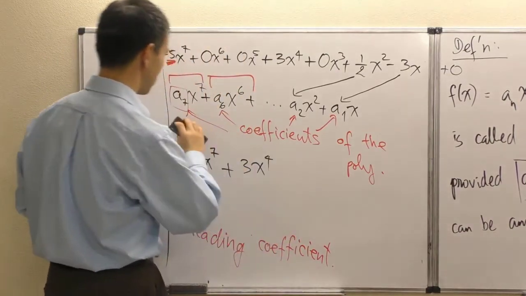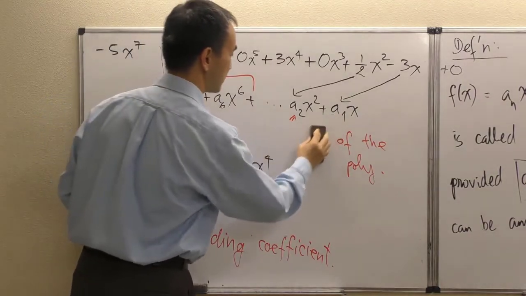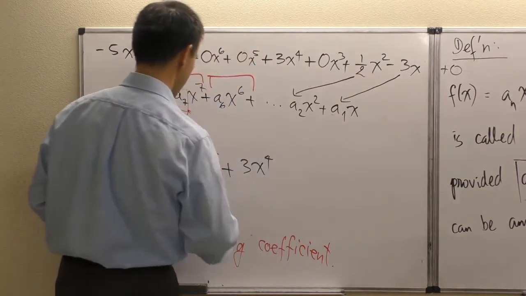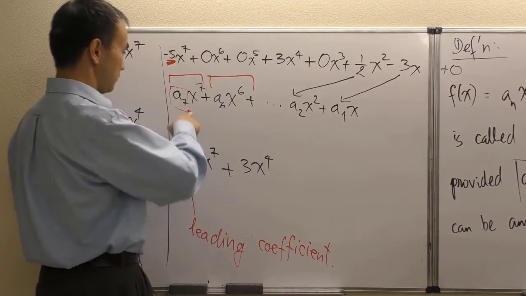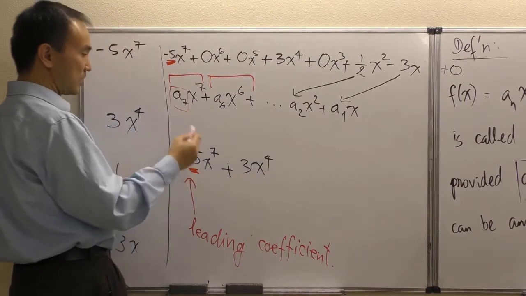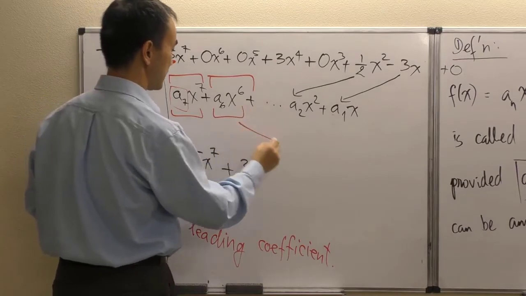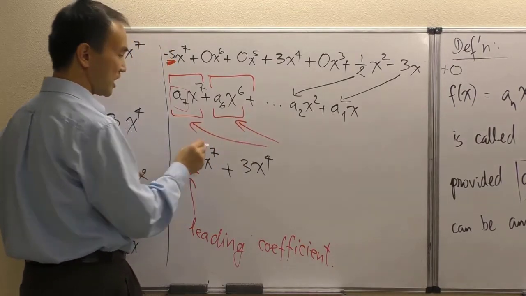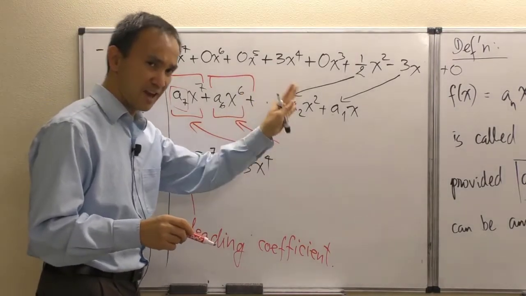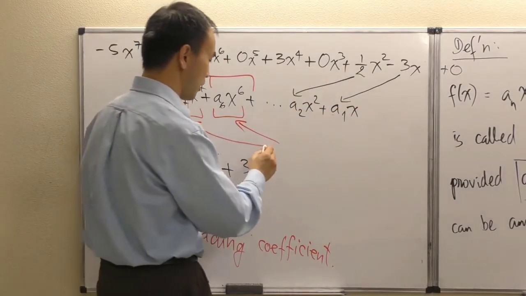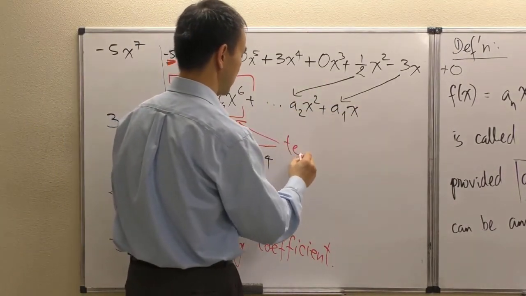So now I realize that my board is getting a little too tight. So now we understand what a coefficient is and what a leading coefficient is. Each one of these power functions that came as part of our overall polynomial, these are the terms.